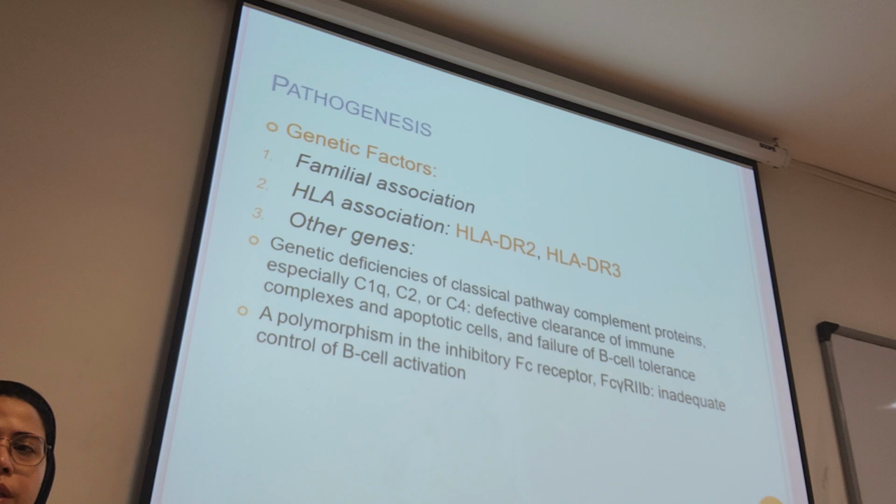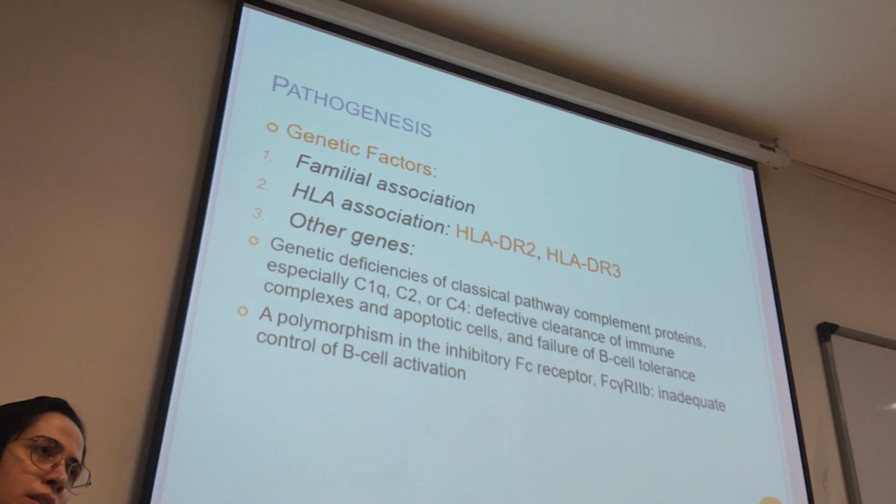And in pathogenesis of lupus, like other autoimmune disorders, we have some genetic factors. You may see that in some families, for example, mom and daughter have lupus, or two sisters have lupus, and there is some association with genetic factors, but it is not complete.